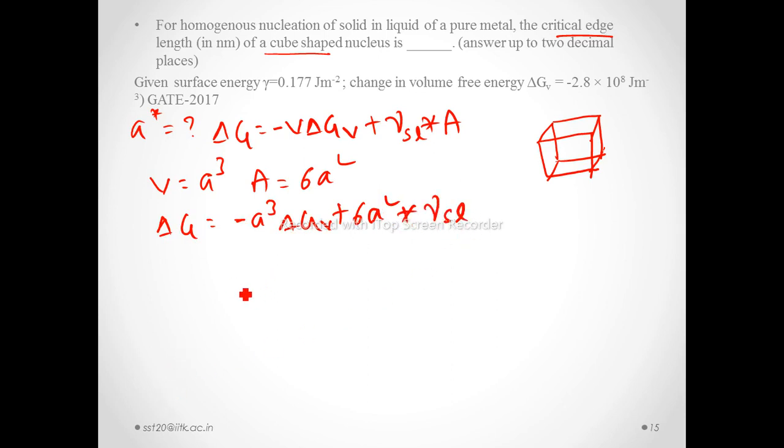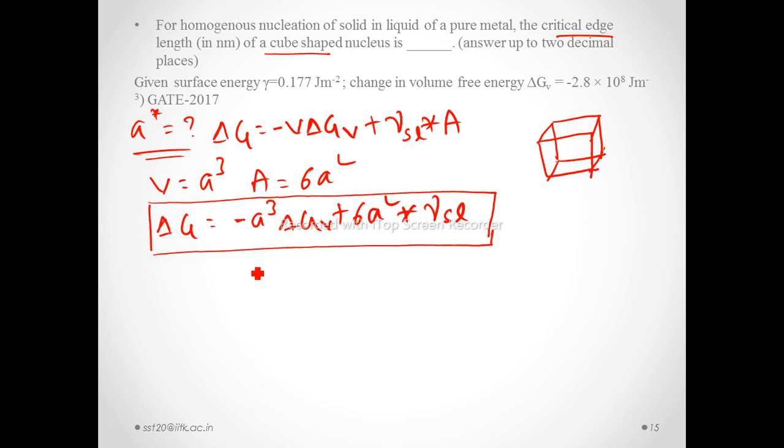If we want to calculate the a star value, the critical value, then we have to differentiate this equation with a, and we will get the critical value.